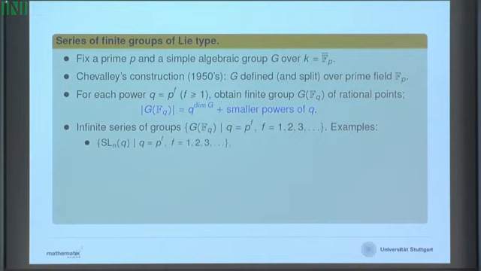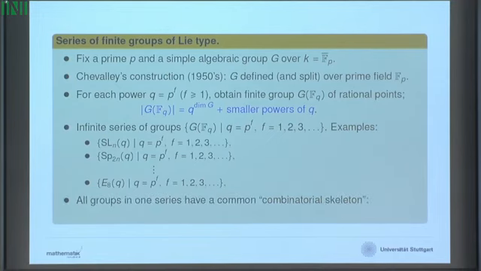Just as examples here, you could take SL_n(q) or the symplectic groups, or, which is interesting for us and is always the big computational challenge, the exceptional type groups like E8(q). Now, what is interesting about putting these groups together into these families is that all groups in such a family have a common, what we always call, combinatorial skeleton.